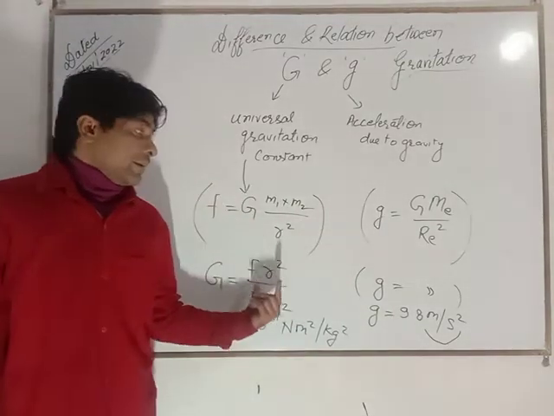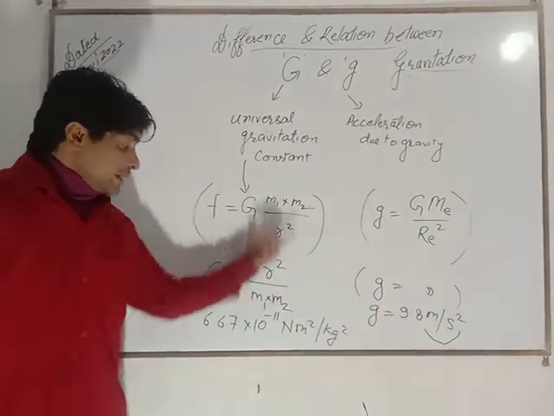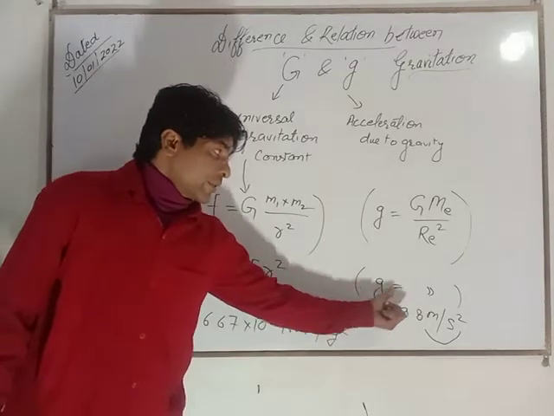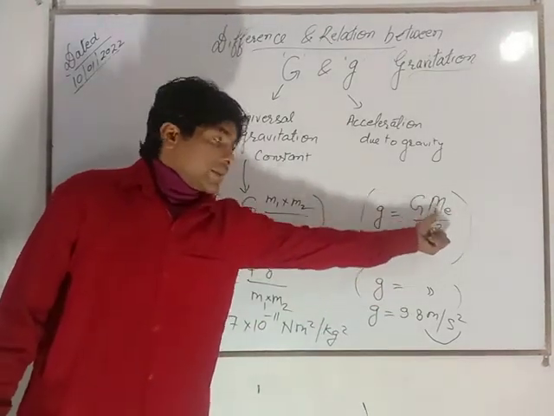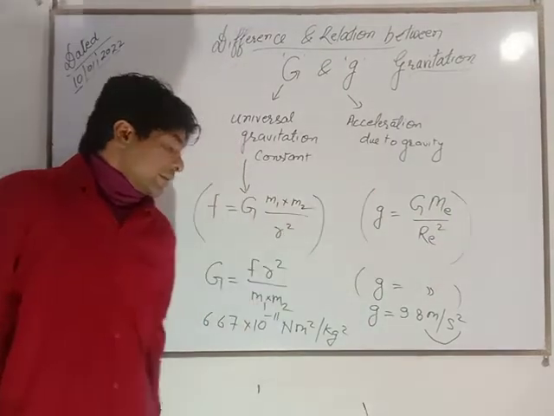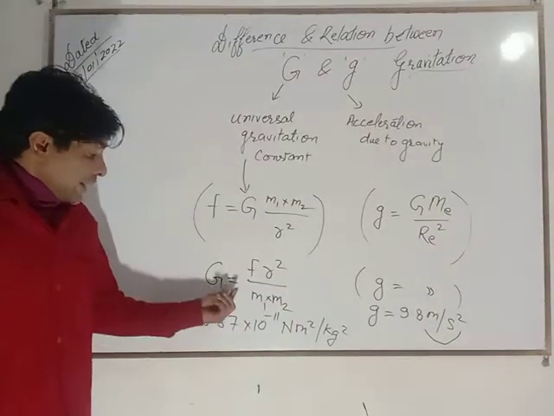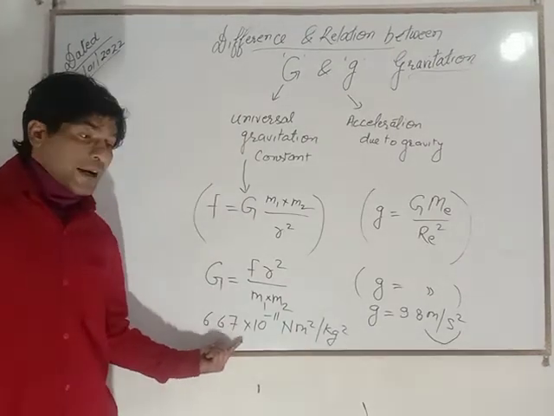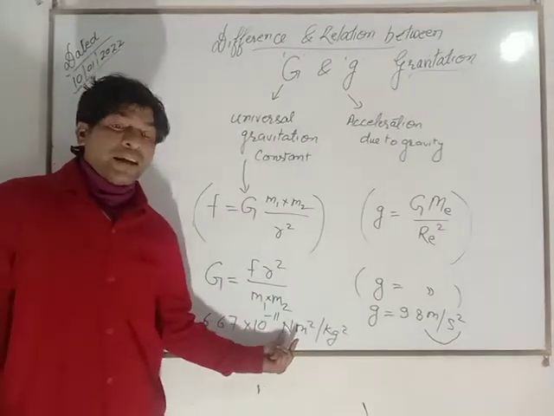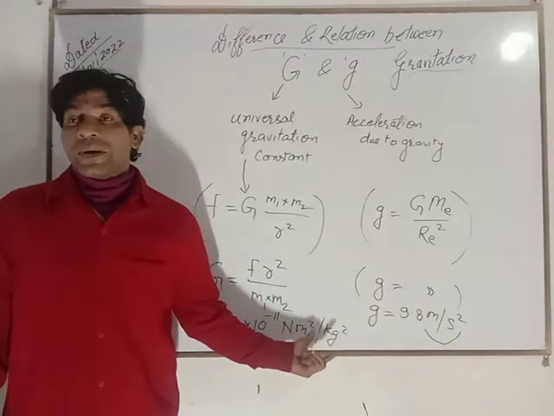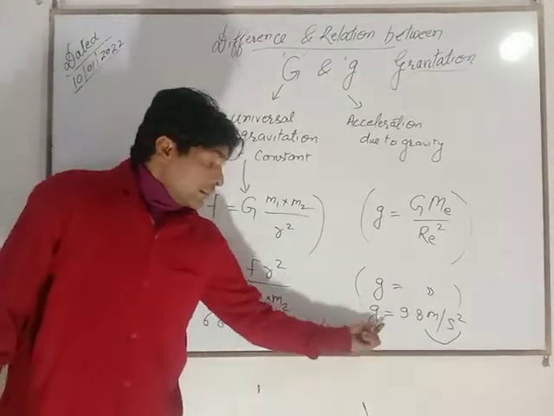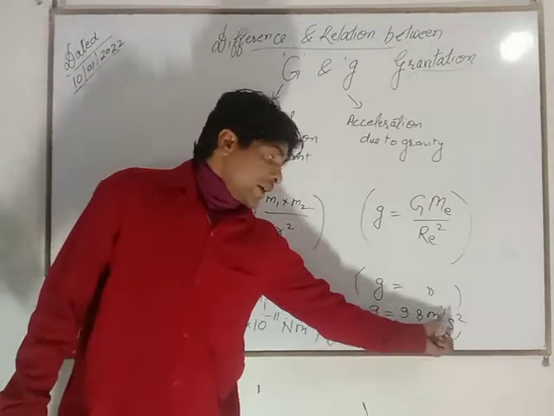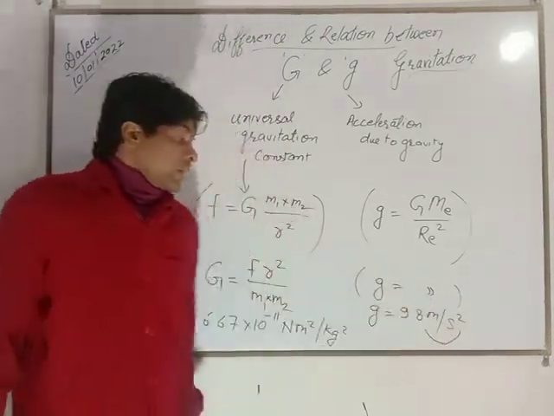How will you define them? You are seeing the difference. The G formulation is this, and small g formulation is G mass of the earth upon radius of the earth squared. The numerical value of the universal gravitation constant is 6.67 into 10 power minus 11 Newton meter square per kg square, and the numerical value of acceleration due to gravity is 9.8 meter per second square.